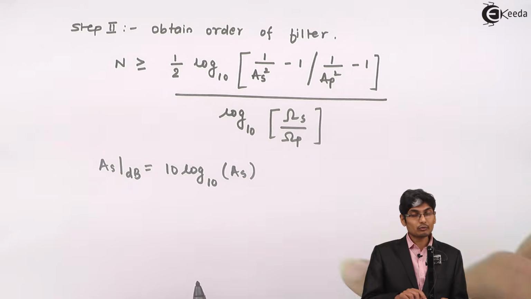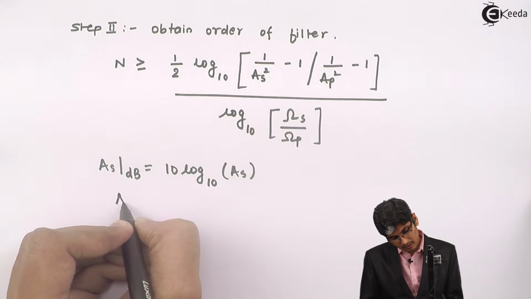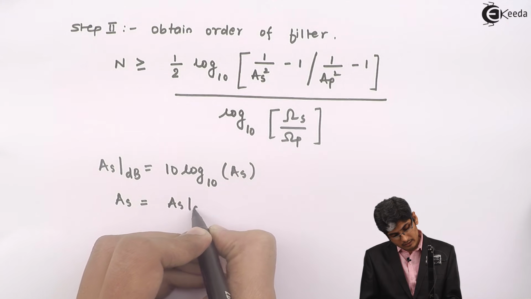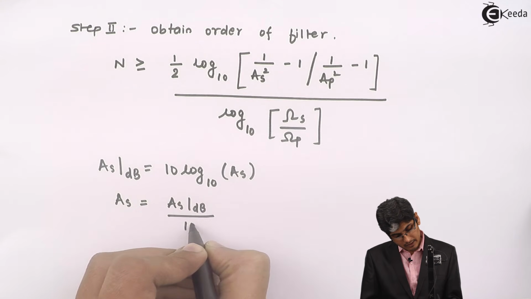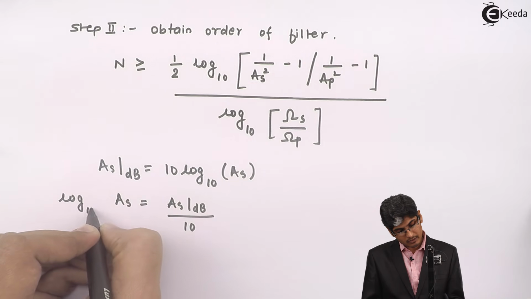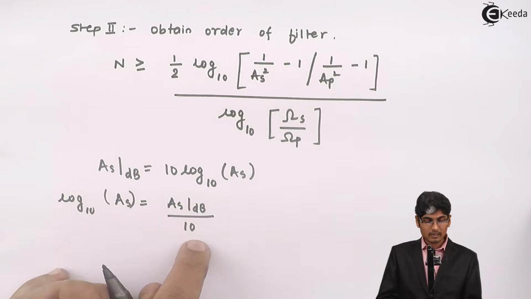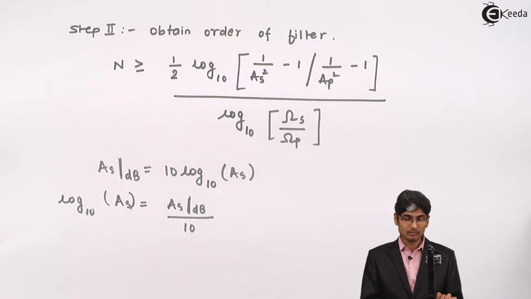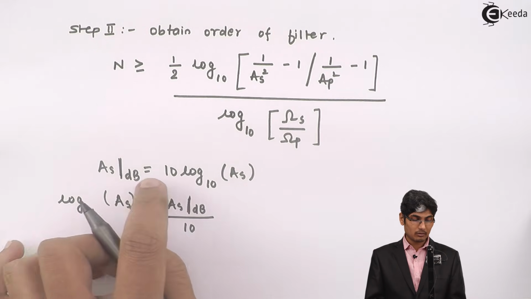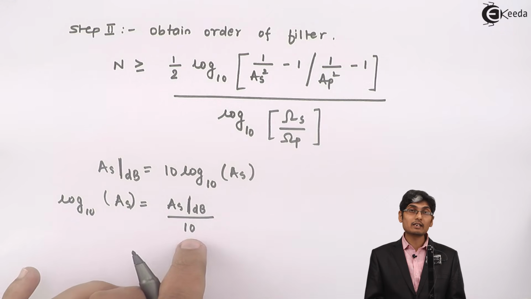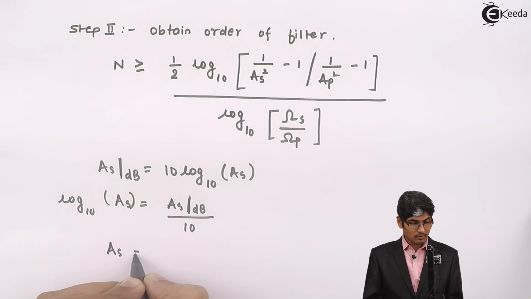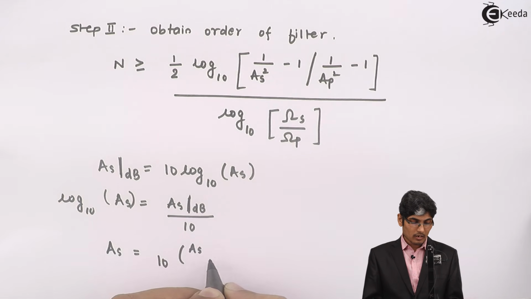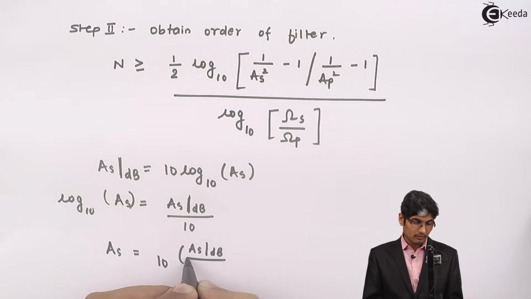So if I want to find the normal value AS, it will be equal to AS in decibel divided by 10 as the log to the base 10. Dividing both sides by 10 and taking the antilog, the normal AS will be equal to 10 to the power AS in decibels divided by 10.